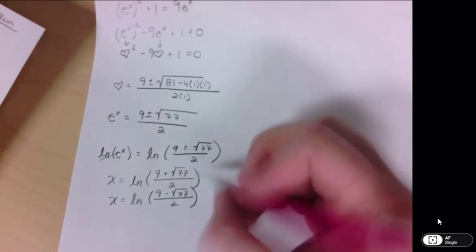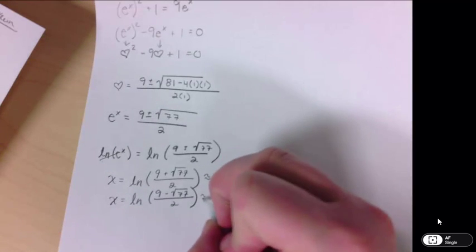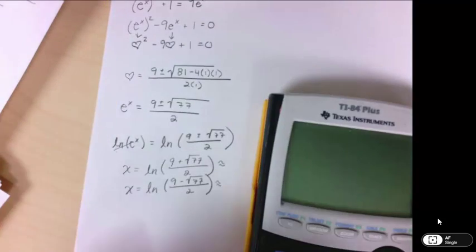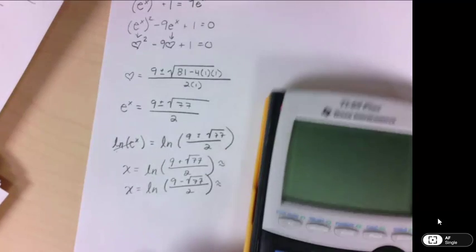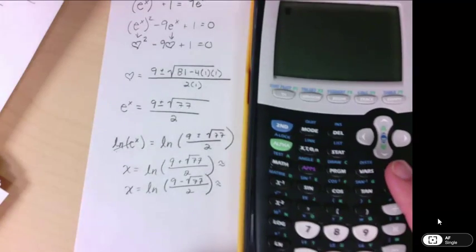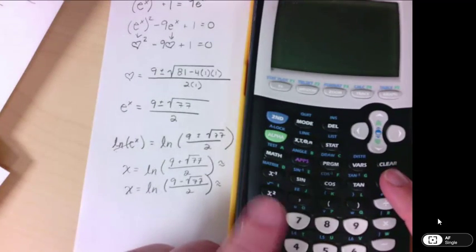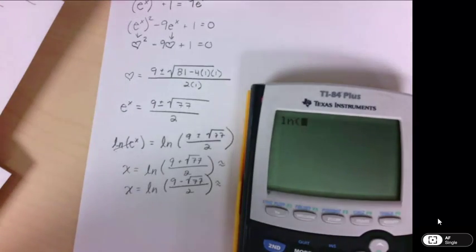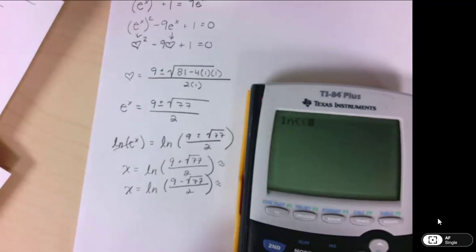Okay, so those would be your exact answers, so you can't really simplify them anymore. But again, you can type these into your calculator to find out what they are. When you're typing these into your calculator, you really want to be careful though. I'll show you how you type it in. On your calculator, you'd use the natural log button, which is right here next to the 4. It's probably going to give you parentheses, but since 9 plus all of that is divided by 2, make sure that's in parentheses.